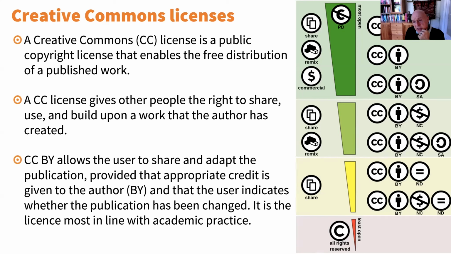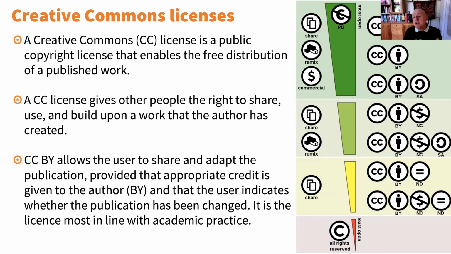So for Coalition S and for researchers more generally, the most relevant license we believe is the so-called CC BY license, which basically allows the user of the article to share and adapt the publication, provided that appropriate credit is given, and that the user indicates whether the publication has been changed or whether aspects of the publication have been changed.